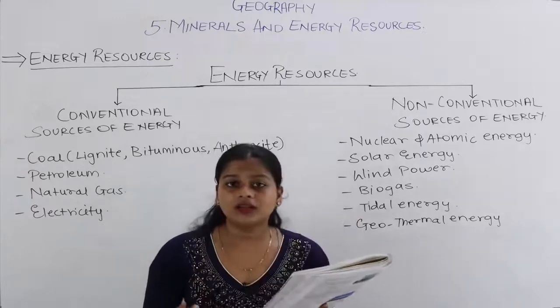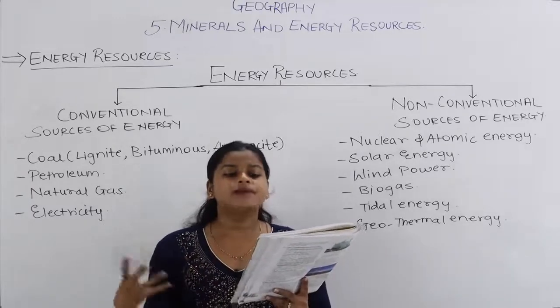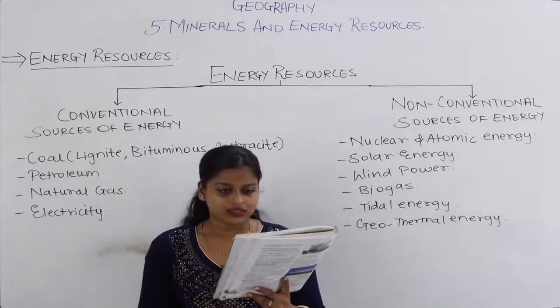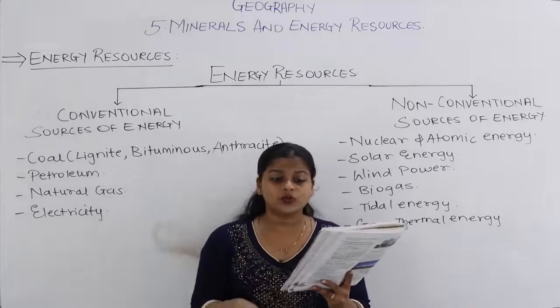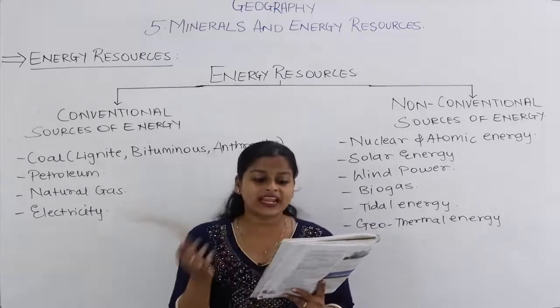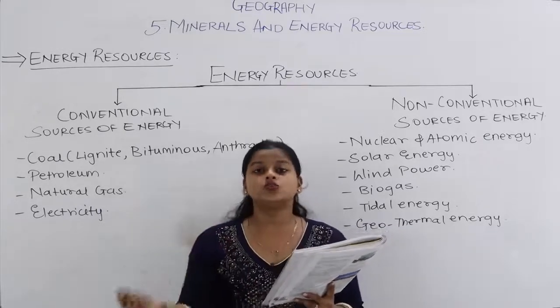Where the geothermal gradient is high, high temperatures are found at shallow depths. Groundwater in such areas is also heated. It is too hot, and when it rises to the earth's surface, it turns into steam.